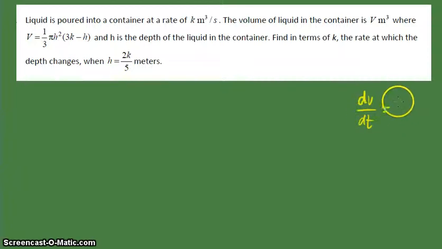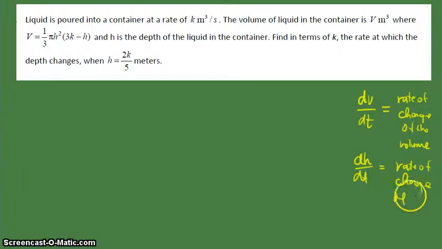So this is the rate of change of the volume, and whenever I say the rate of change of the height or the depth, in this case h is the depth, so dh over dt is the rate of change of the depth of the liquid. Okay, so basically that's the idea that you need here.